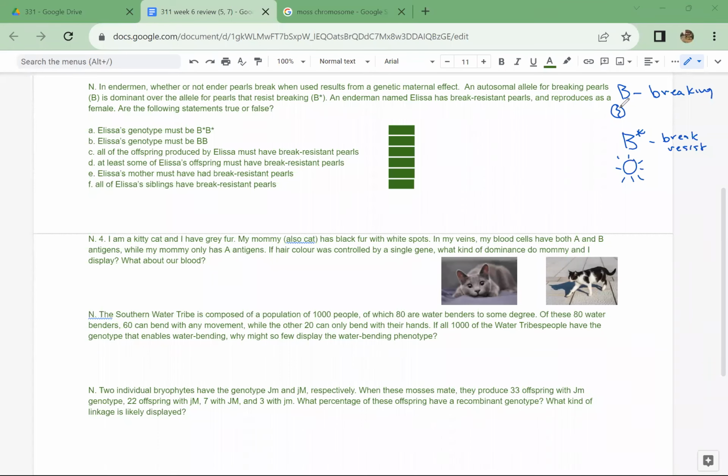Before we explore that, let's explore the genetic maternal effect. The genetic maternal effect is all about how the genotype of a mother influences their offspring's phenotype. Usually in Mendelian inheritance, we think like I'm a pea plant, and I don't remember the letters they use, but I have the genes for a round seed and a yellow seed.